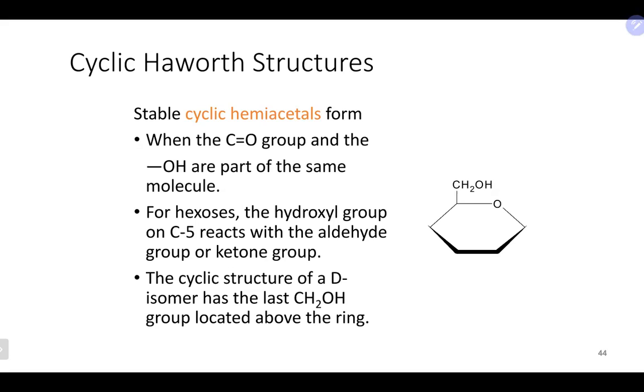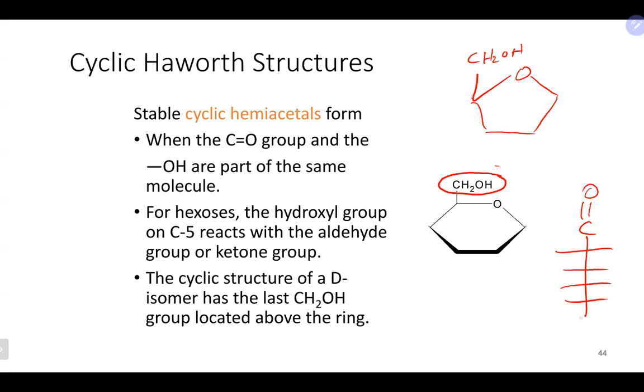And again, we get the structure that is like, for the D isomer, we will always get the last group that's usually achiral will always end up above the ring. So in either of those ring structures, that ring structure or this one, we will always end up with this guy up on top. And for reference point, that guy is basically this group here at the very bottom. So this group at the very bottom is always like carbon number 6 for the most part in hexoses.